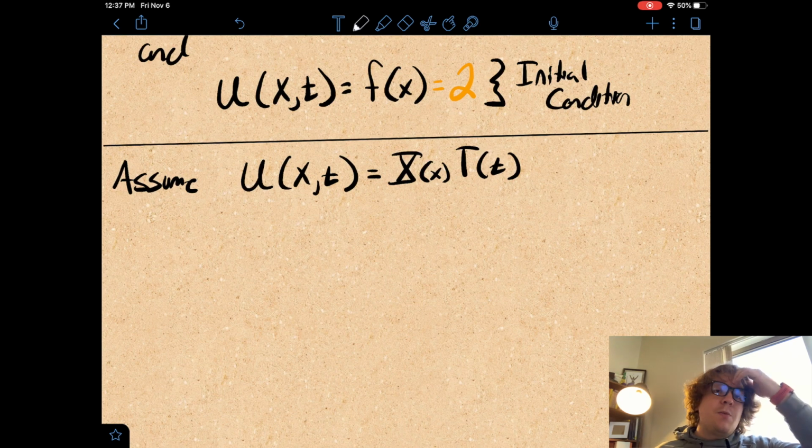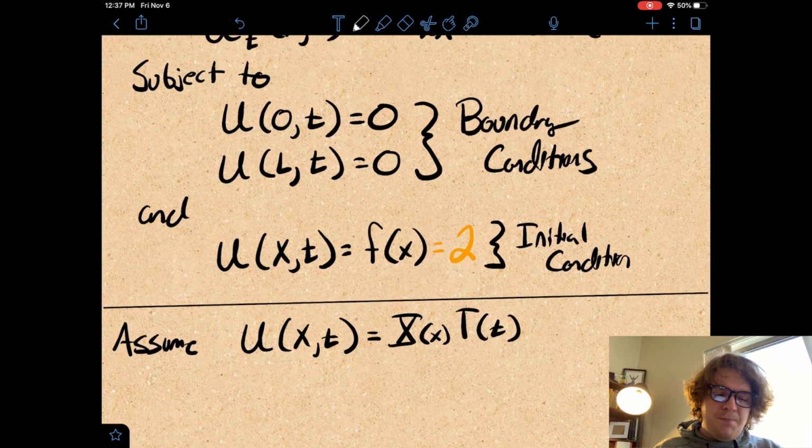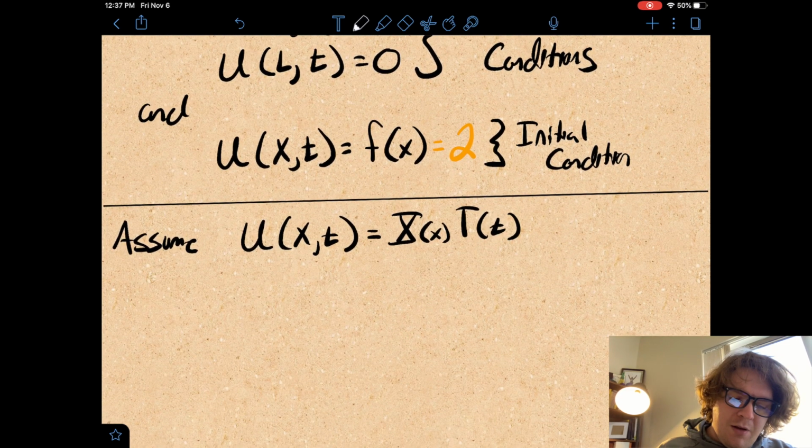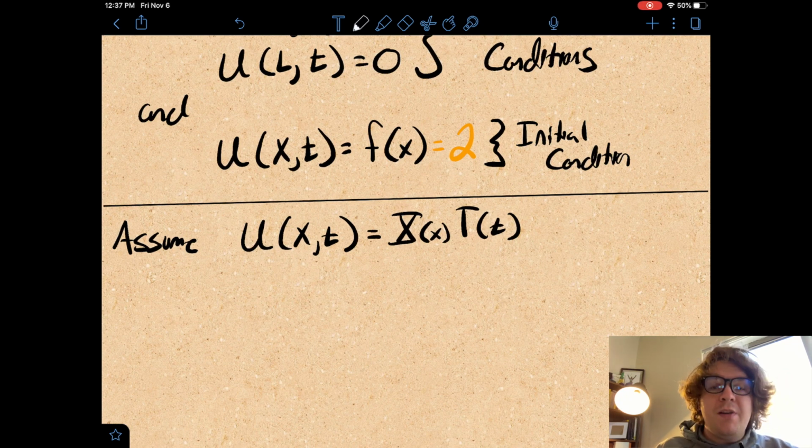To me, this seems like a reasonable guess, because x and t are independent variables. Position has no relationship to time, time has no relationship to position. So we should be able to imagine that these are just two independent functions that are going to satisfy the heat equation, okay?